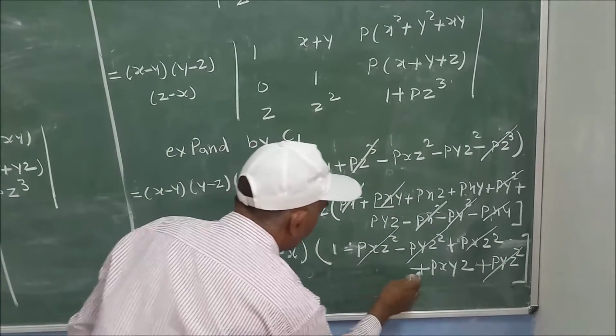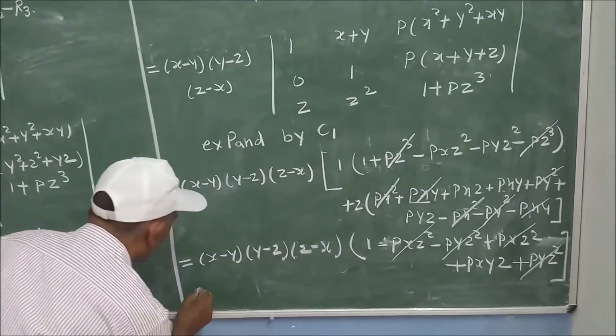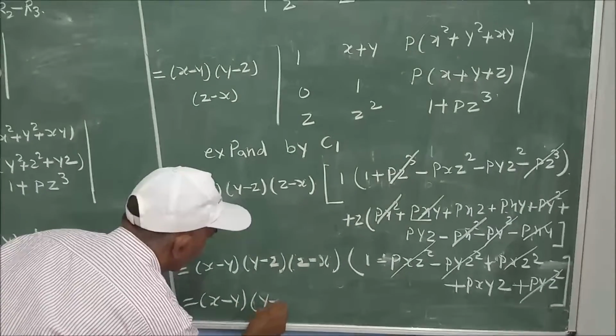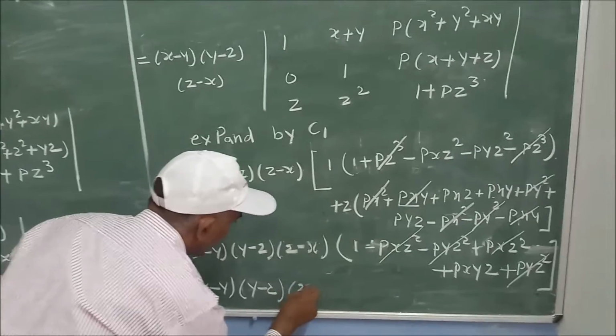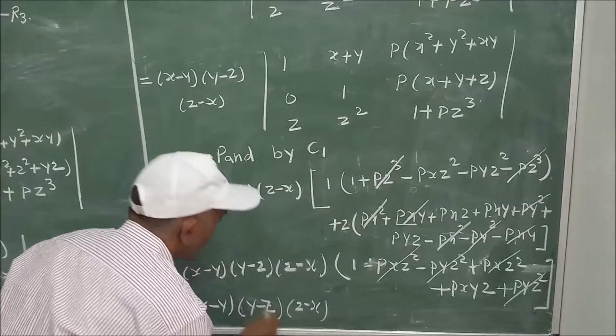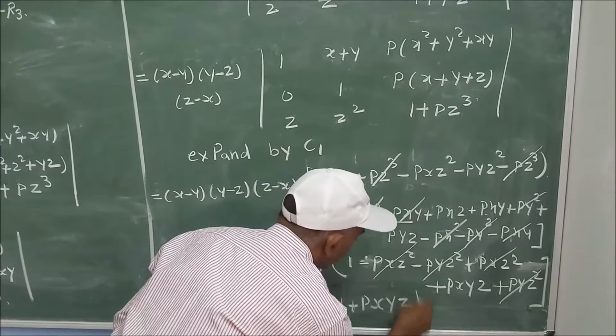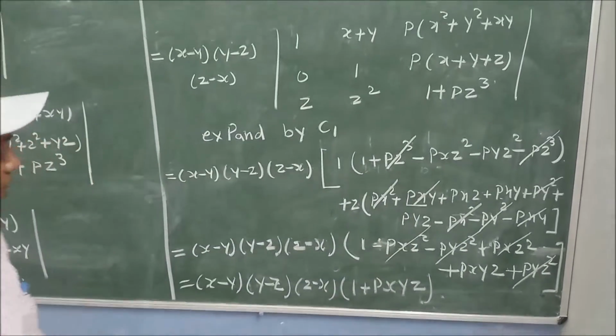So this will be your 1 plus pxyz. So this can be written as x minus y minus z minus x into 1 plus pxyz. So this is an important question of CBSE.